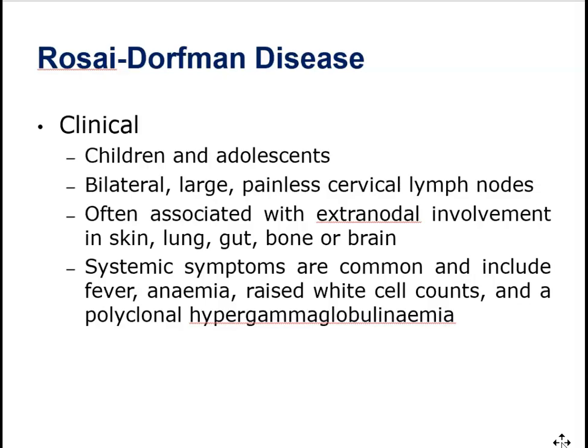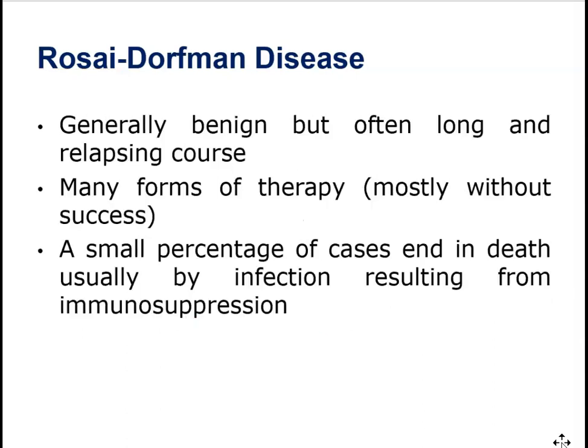There are often systemic symptoms such as fever, anemia, raised leukocyte counts, and polyclonal hypergammaglobulinemia. The clinical course is generally benign, but may be long and relapsing. There is no optimal treatment currently, and immunosuppression may even cause death, but this is rare.